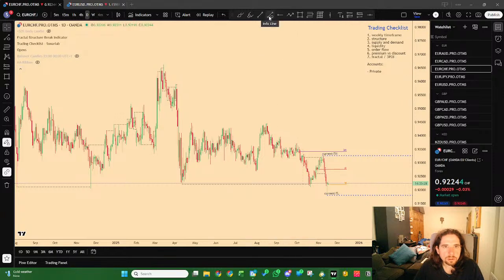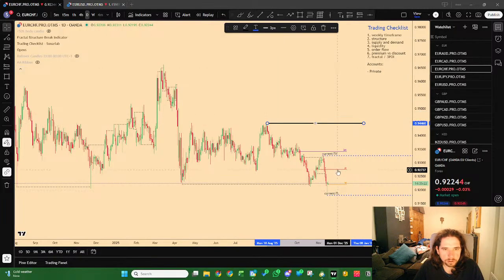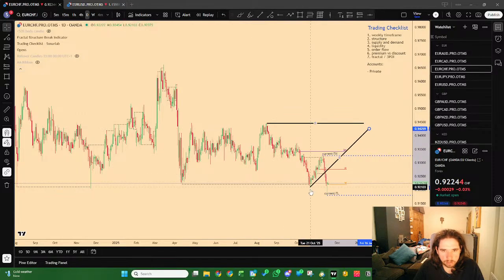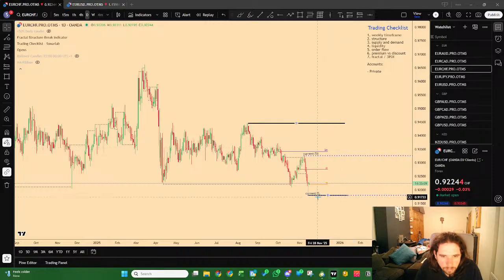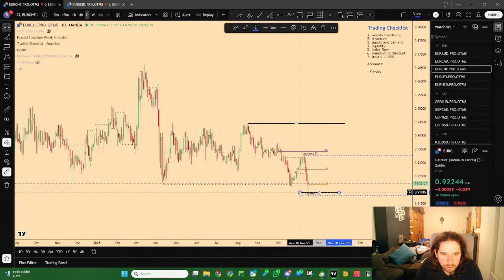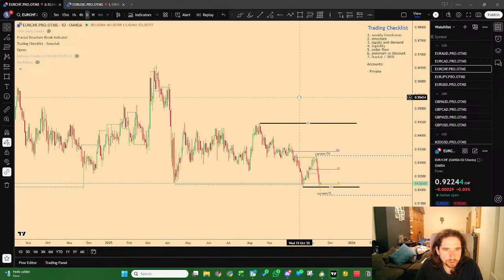So I just want to put that in. This is our daily boss, and then our daily bosses. You can actually see it from here. It's still bearish.